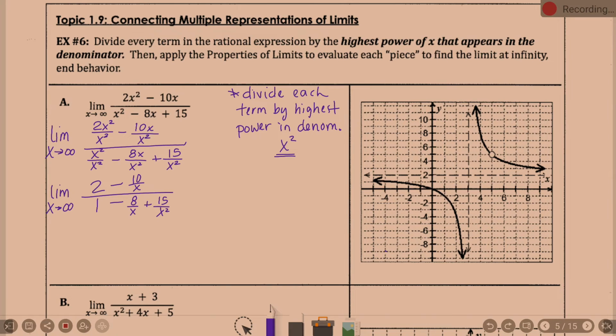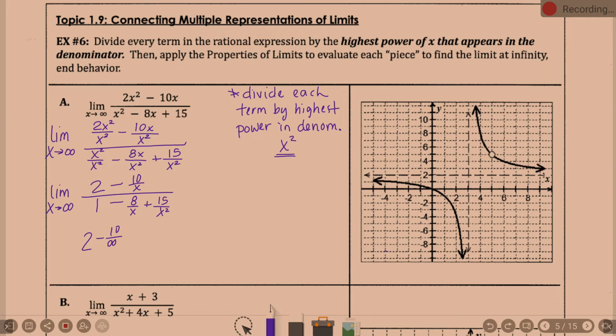Because here's the deal. We're getting ready to take the limit. So when you take the limit, you plug in the value, yes? Okay, go with me. Love the look on Hannah's face. She's like, what? So what am I going to plug in? Infinity, yes? Just go with me. So this is going to be 2 minus 10 divided by infinity, if you will.